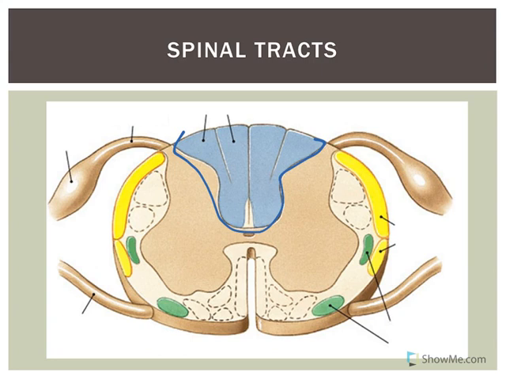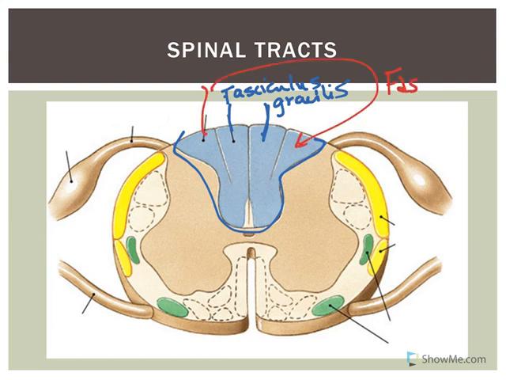The two tracts are the fasciculus gracilis tract, you see on this side here, and then over here and right here, that's the fasciculus cuneatus tract. We'll talk about those. So this is one of the pathways. We'll call it the dorsal column pathway, and it involves two tracts, the fasciculus gracilis tract and the fasciculus cuneatus tract.